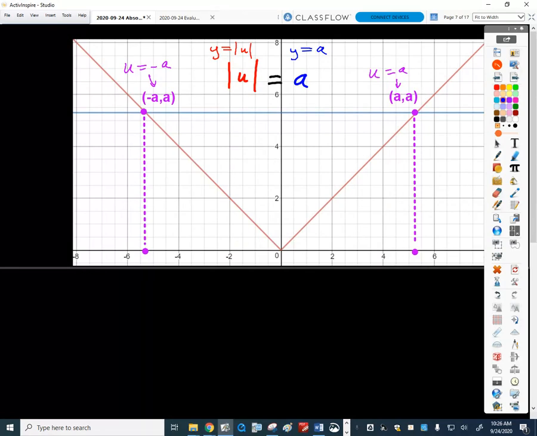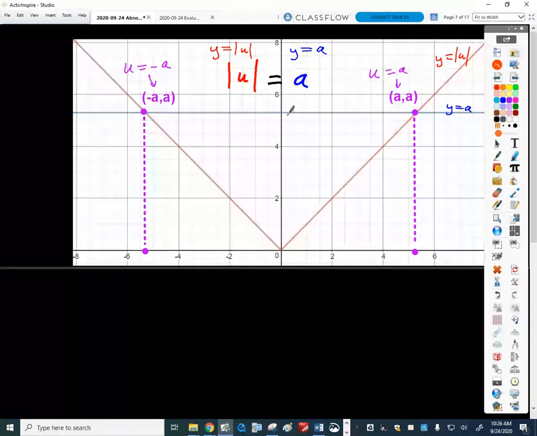It's just a horizontal line with a y-intercept of that number. So here's my line, let's say y equals A, right? And here's my graph of y equals the absolute value of U. And I'm looking for the intersections when I want to solve this equation. Well, here are the intersections, aren't they? Here's the two intersections.